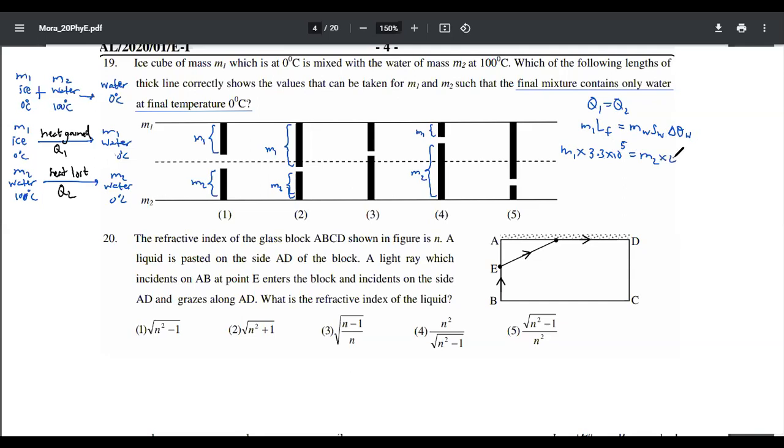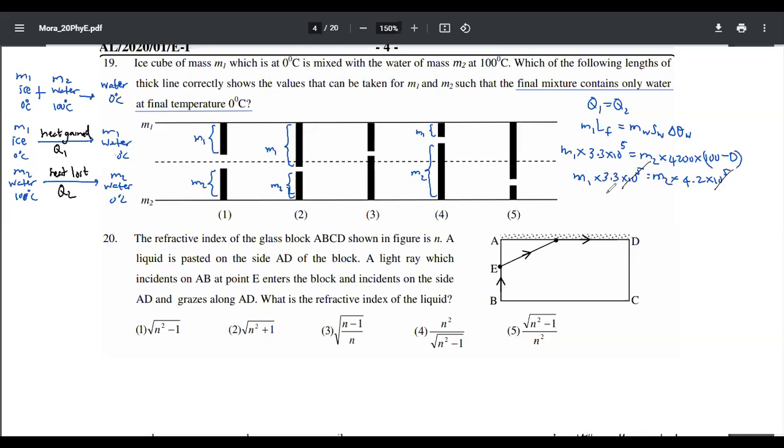Specific heat capacity of water is 4200. Change in temperature 100 minus 0. M1 into 3.33 into 10 to the power 5 equal to M2 into 4.2 into 10 to the power 5. So these two get cancelled out. I'm getting M1 over M2, right?